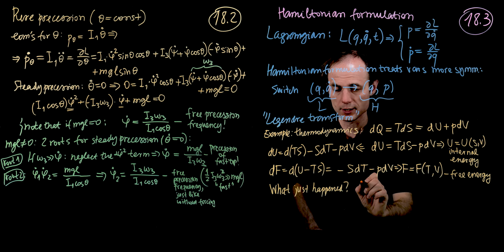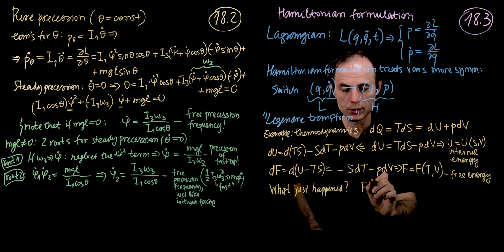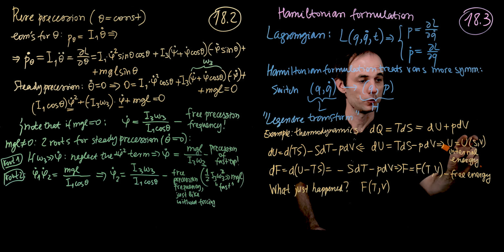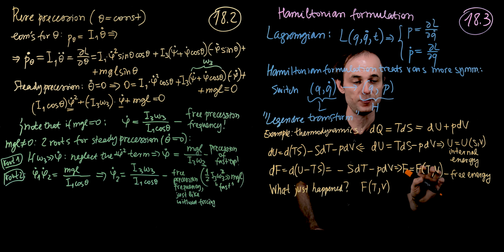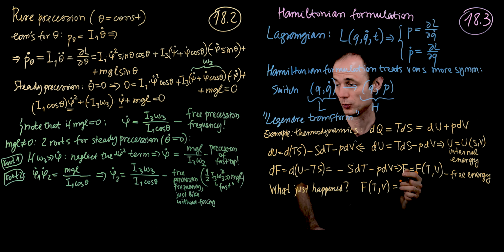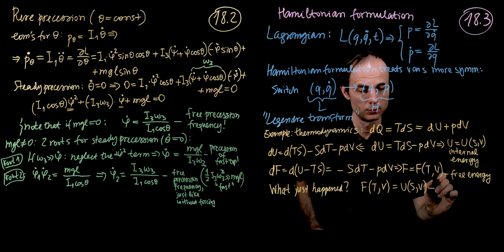What we've done is we have switched variables from S,V to T,V, and we've accomplished that through a version of Legendre transform, which looks like this.